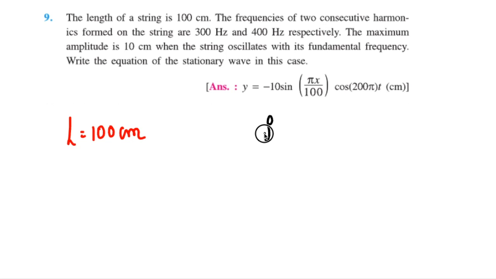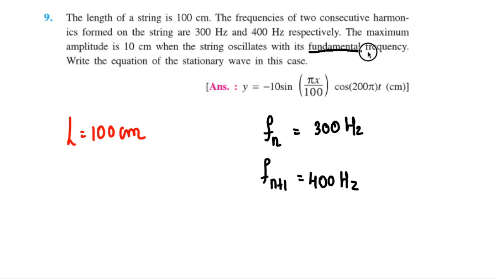That means frequencies of two consecutive harmonics Fn and Fn plus 1 are given to you, that are 300 hertz and 400 hertz respectively. The maximum amplitude is 10 centimeter when the string oscillates with its fundamental frequency. See, they have given you that it oscillates with fundamental frequency. Write the equation of stationary wave in this case.